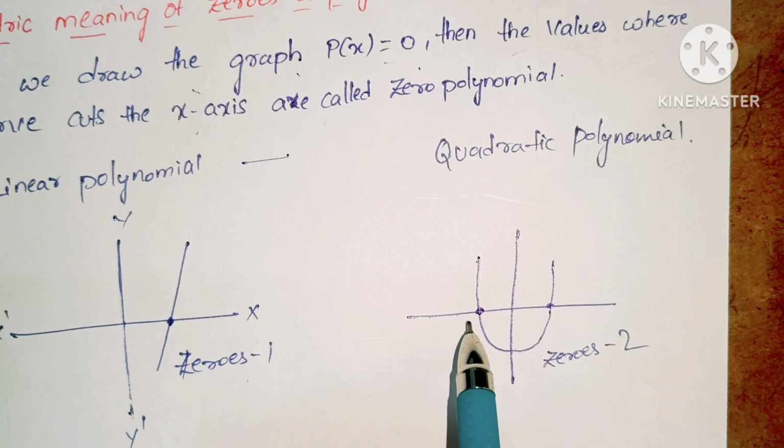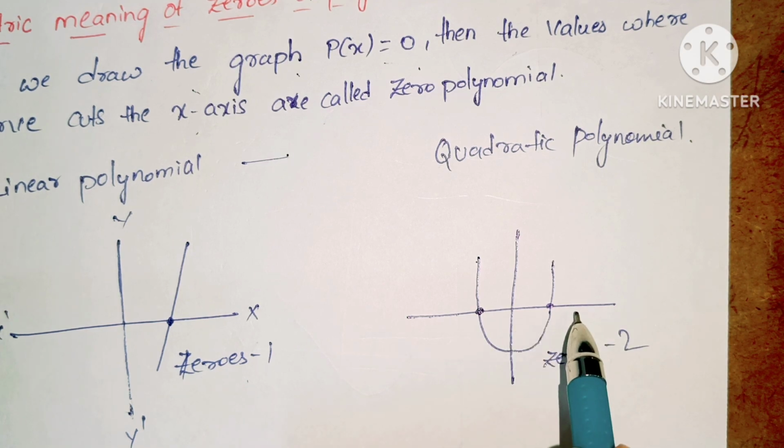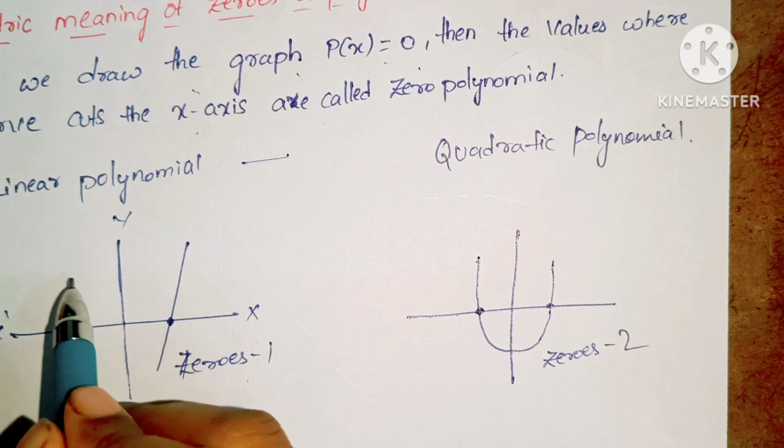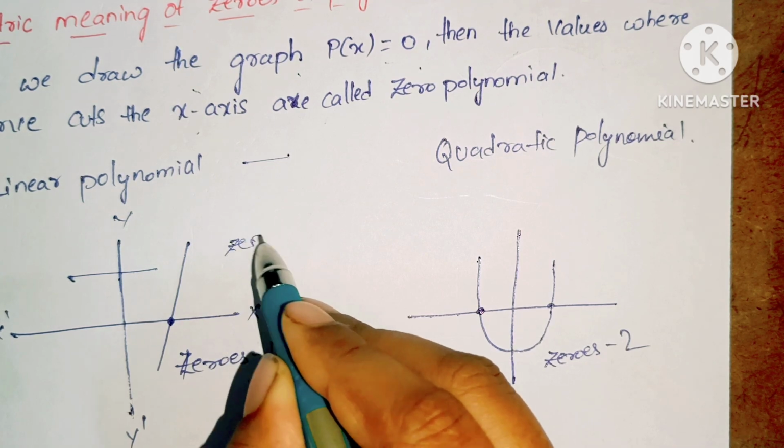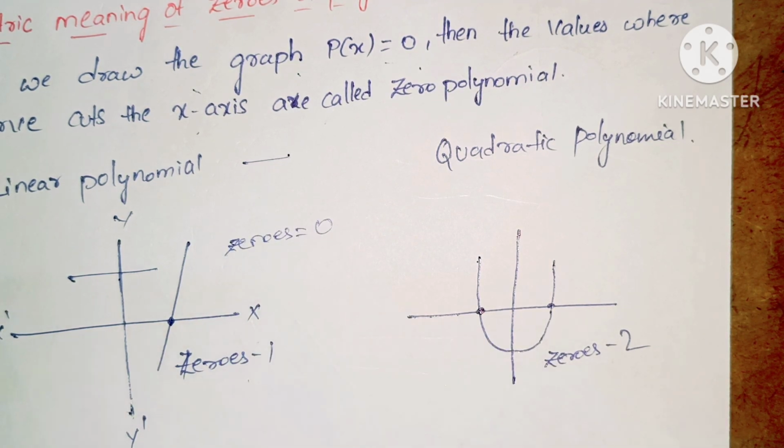At how many places of the x-axis it intersects, that many roots are present for that particular graph. For example, I drew like this. Okay, so see here, it is only intersecting y, not intersecting the x-axis. So how many roots are there here? 0 only. There are no roots because it was not intersecting the x-axis.